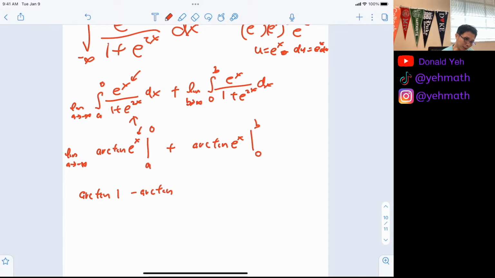If it's negative infinity, e to the negative infinity is what? 0. So what is arctan of 0? It would be arctan of 1 minus arctan of 0, because if you plug in 0 for x, then e to the 0 would give you 1, so it'd be arctan of 1, right?